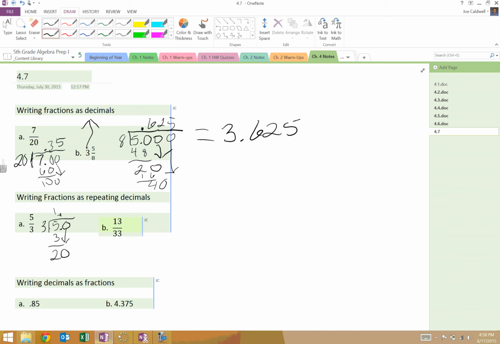Make sure you put the decimal up there. 3 goes into 20 6 times. I'm going to get 18, and notice the trend here. Now I'm going to drop another 0 down. It goes in 6 times again. So you're going to keep getting the same answer over and over again. You see that? You put a bar over what's repeating.